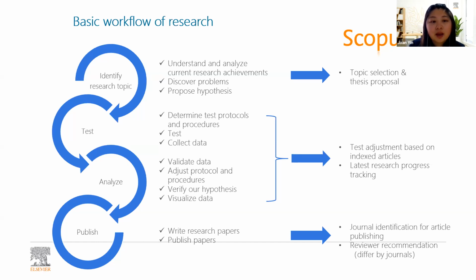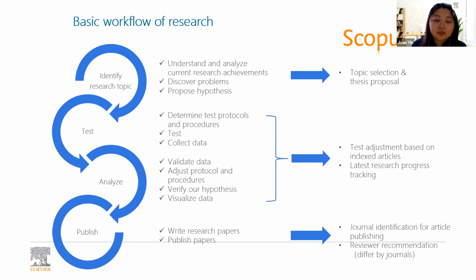After you identify the topics, you need to test, analyze, determine the protocols, collect data, validate data, and visualize data. In this stage, Scopus can help researchers test and adjust based on indexed articles and get and check the latest research progress.